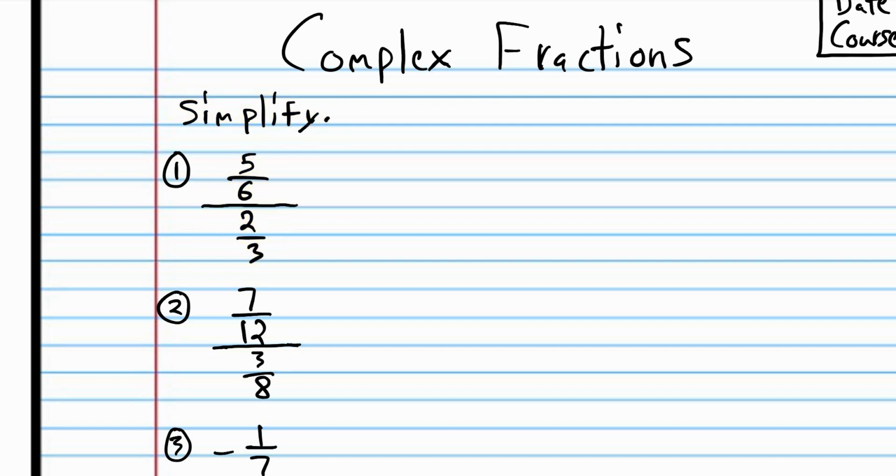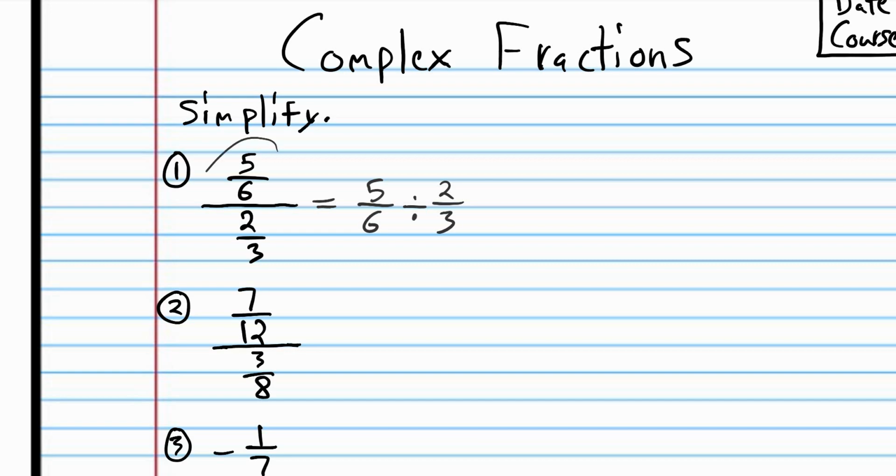Now, we learned in previous classes and courses that you can interpret the fraction symbol as a division symbol. So we're going to write 5/6 divided by 2/3 using the older division notation.